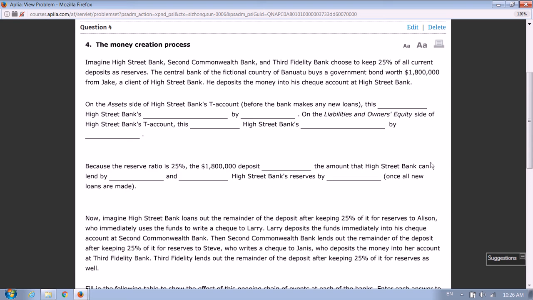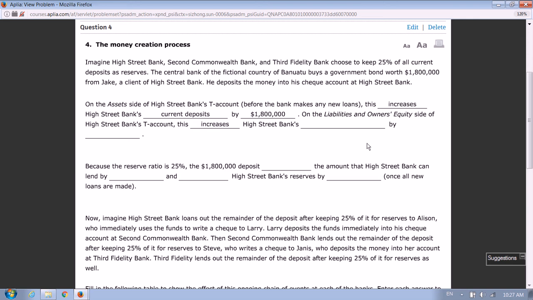On the asset side of High Street Bank's T account, before the bank makes any new loan, this increases reserves. Okay, there's no new loan yet, so this increases High Street Bank's current deposit by $1.8 million.